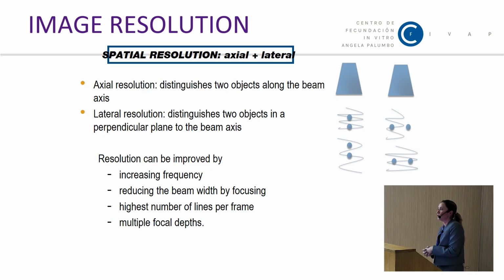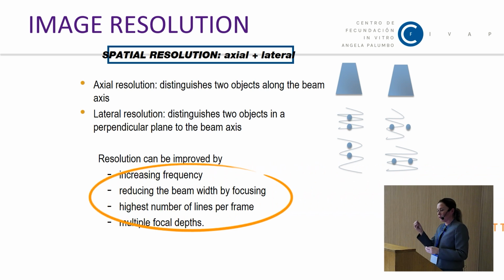Well, when we are going to do an ultrasound, what we want is the best image resolution. On one hand, we have the spatial resolution that has 2 aspects, axial resolution and lateral resolution. The axial resolution is the ability to distinguish 2 objects that are along the beam axis, while lateral resolution is the ability to distinguish 2 objects side by side in a plane perpendicular to the beam axis.